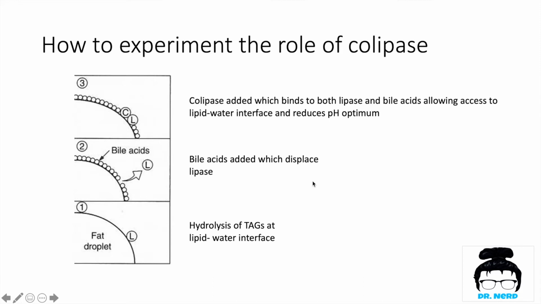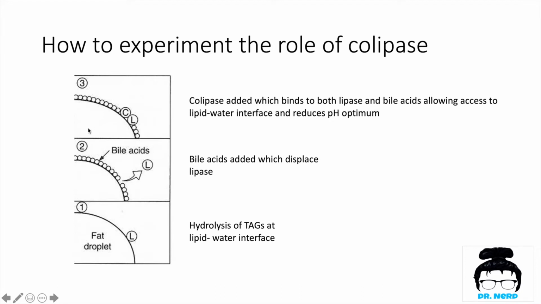So the lipase is going to leave and the bile acids is going to take its place all around the fat droplet, which in this way will not be able to hydrolyze this fat droplet. When you add the colipase, they are both attached and interacted with the fat globule. So the colipase binds to both the lipase and the bile acids, allowing both of them to access the lipid-water interface and reducing the pH optimum.